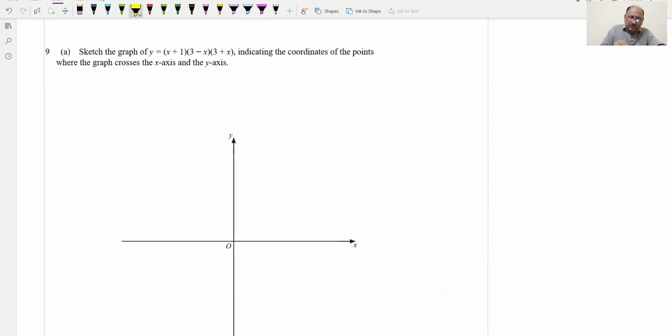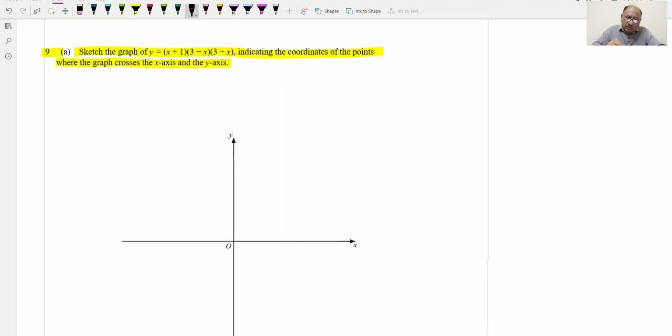9a, sketch this graph indicating the coordinates of the points where the graph crosses the x-axis and y-axis. So for the x-axis, what we can do, we can write here x plus 1 into 3 minus x into 3 plus x is equal to 0.